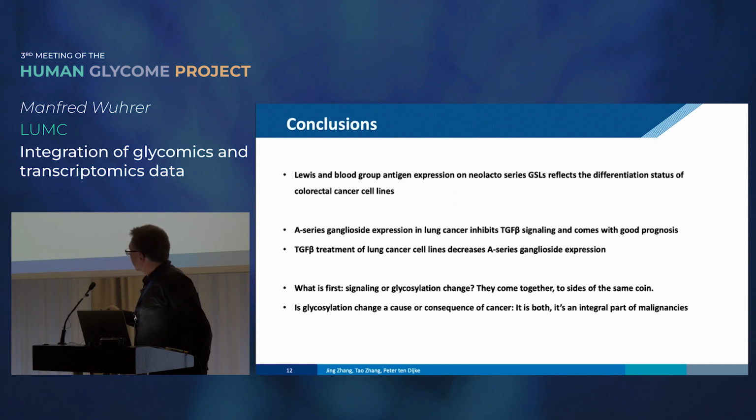So in that respect, the question, is glycosylation change a cause or a consequence of cancer or cancerous processes? I would say it's an integral part of malignant processes. On the one hand, lower gangliosides are driving this cellular degeneration, but also cellular degeneration is driving glycosphingolipid changes. Glycan changes and cellular phenotype changes come hand in hand, and this is mediated by this TGF-beta signaling.